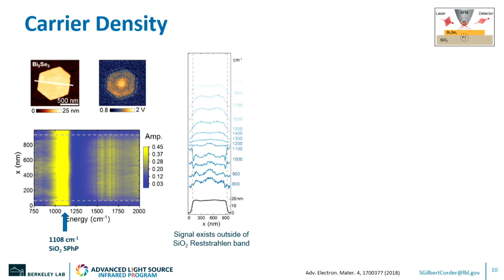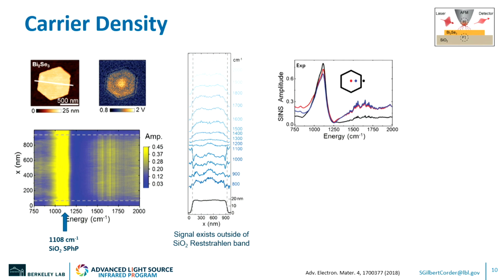And so if we look more closely as a function of the different positions, we can see that the signal exists very far outside of the Reststrahlen band of the silicon dioxide. And so from this, we're able to say, it really is something special with the bismuth selenide. It's not the substrate itself causing this response.